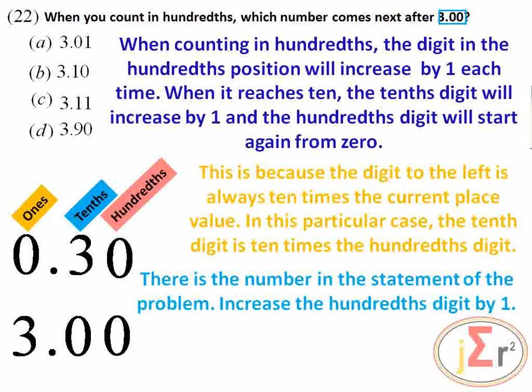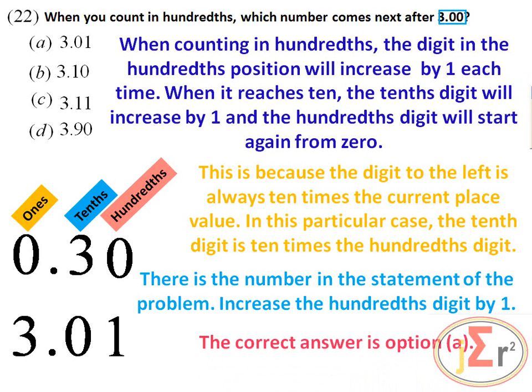That means when we are at 3, we need to increase that by 1/100th. Therefore, 1 will be added to the hundredths digit, or we may say that the hundredths digit will go up by 1. So the number that we have in the statement of the problem is 3, and we will increase the hundredths digit by 1. Like that. The correct answer is therefore option A.